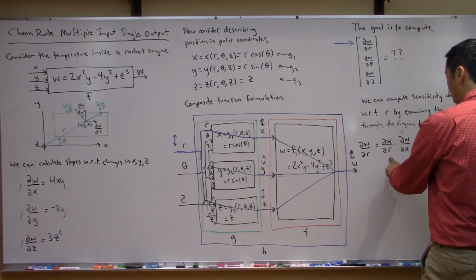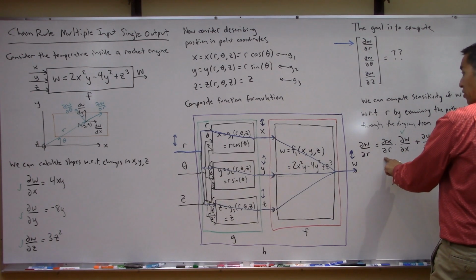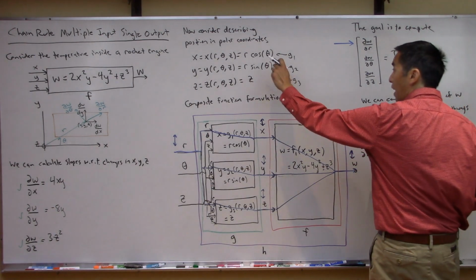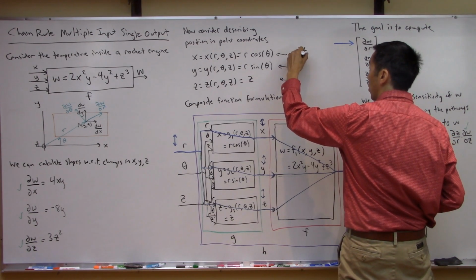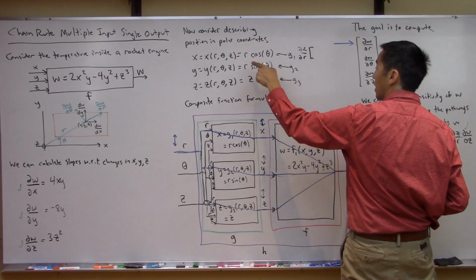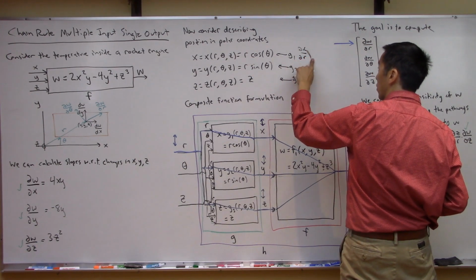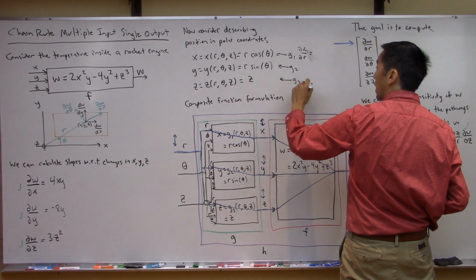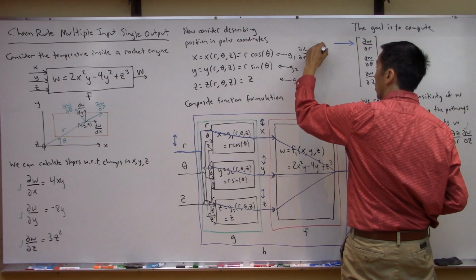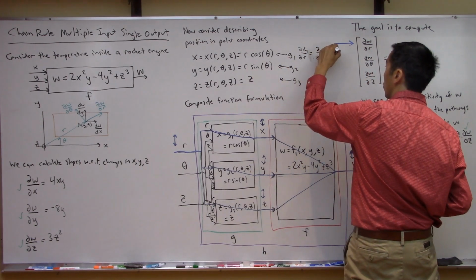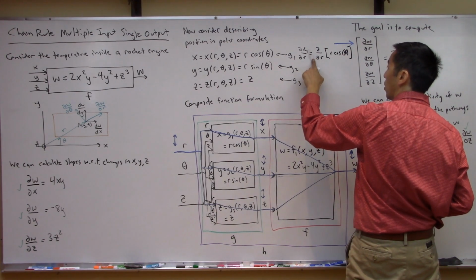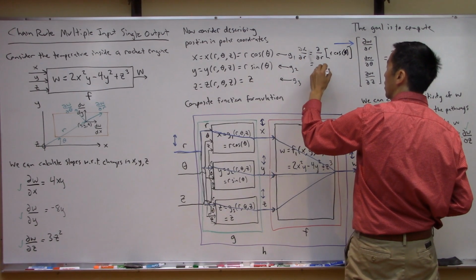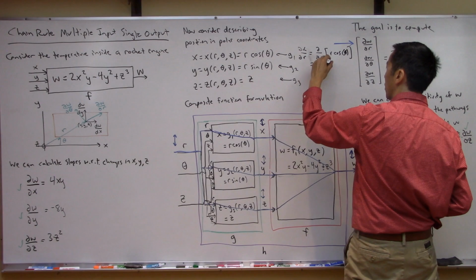We need dx dr, and that's right here. So partial x with respect to r, it's basically just take the derivative, sorry, this should say equals, of partial of r cosine theta with respect to r. And I think you'll see that's pretty easy. What do we get? We just get cosine theta.